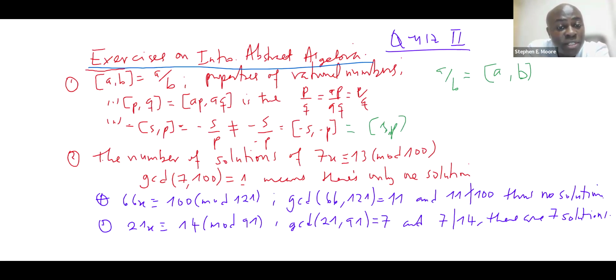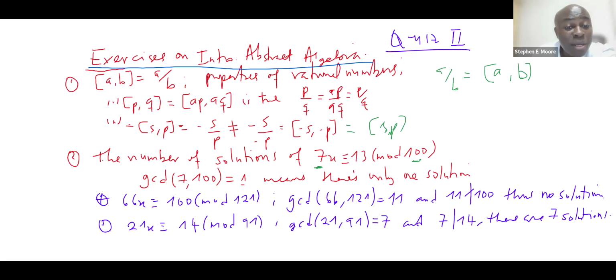If you are given 7x congruent to 13 modulo 100, you take the GCD of the number 7 and the modulus 100, which is 1, and that means there is only one solution to this problem.